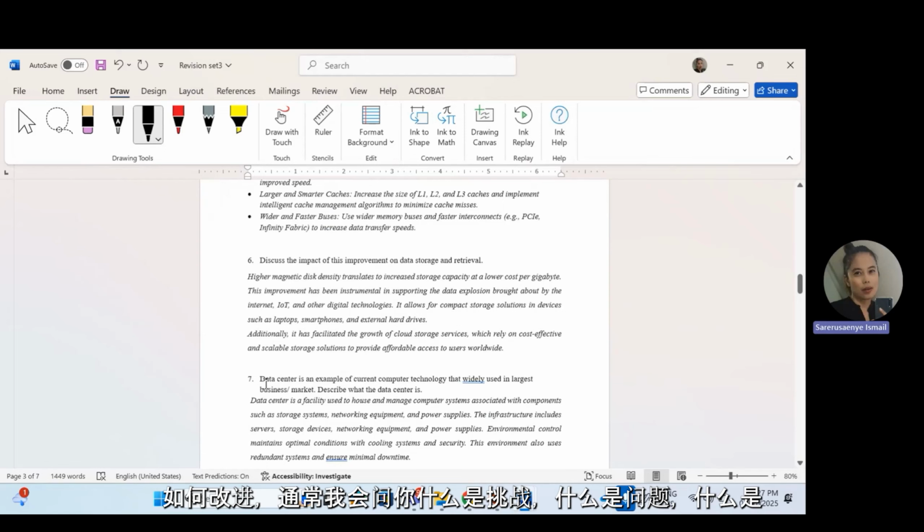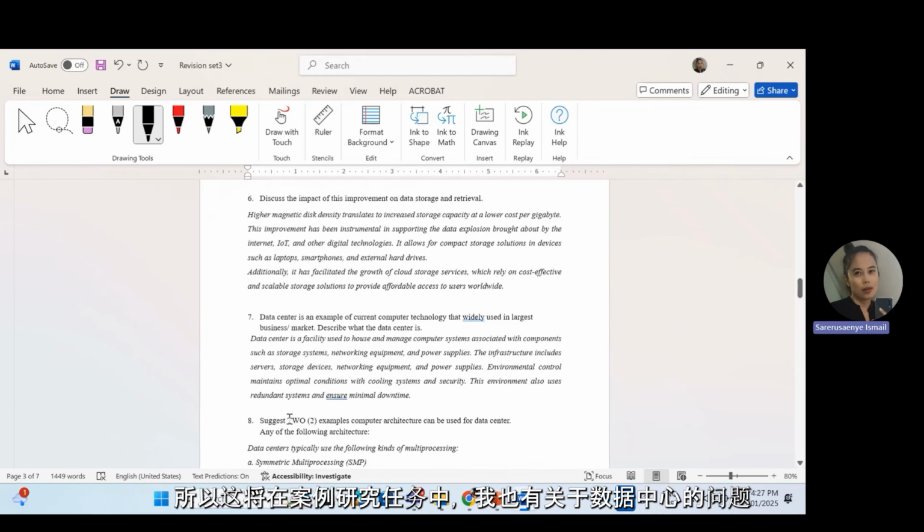Normally I will ask what is the challenge, what is the problem, what would be the solution for each. If you suggest the problem in terms of power energy, what is the solution? The problem and challenge in current computer architectures following the trend in terms of memory capacity, what is the solution? That will be inside the case study question.